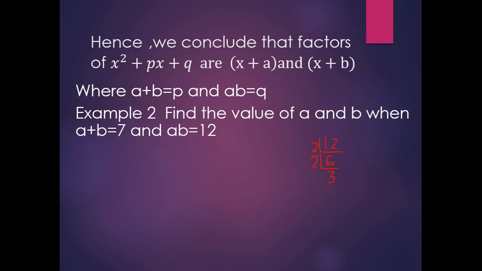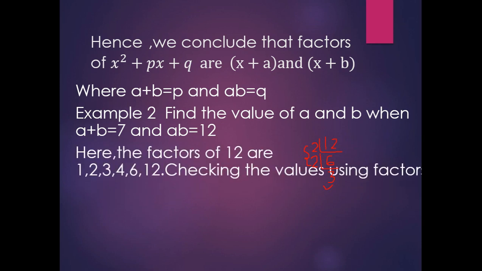Okay, so here it's 2 times 2, 2 times 2 is 4, and 4 and 3. While multiplying, definitely it will be 12, and while adding this 4 and 3 we will get 7. So the values of A and B are 4 and 3, or 3 and 4. Here the factors of 12 are 1, 2, 3, 4, 6, 12.